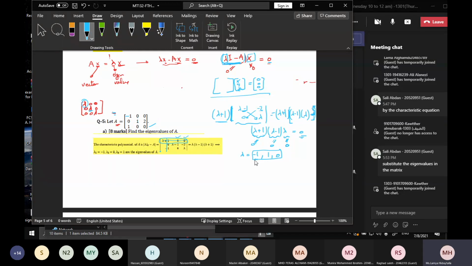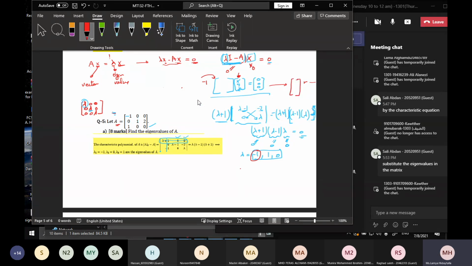Okay, so for each lambda here, when you substitute, you are going to find what? A corresponding eigenvector. So the first time you will substitute here lambda equals minus 1 and then you solve and then you get the solution, the corresponding eigenvector.